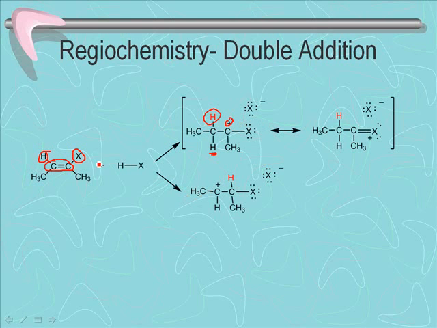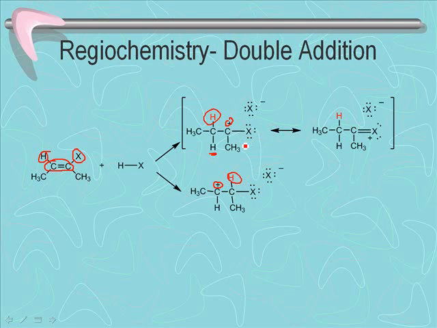If instead we place the hydrogen on the carbon that received the halogen in the previous step, then in that case we get this carbocation. So the big difference between these two carbocations is that in the top one, the carbon with the plus charge on it is directly attached to the halogen, and in the bottom intermediate, the plus charge is not on the same carbon where the X atom is.